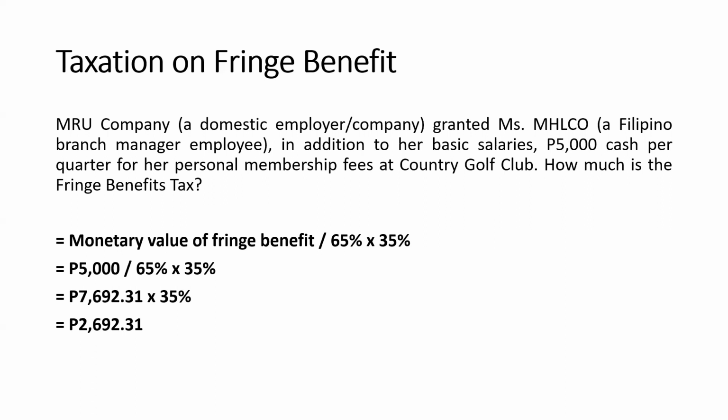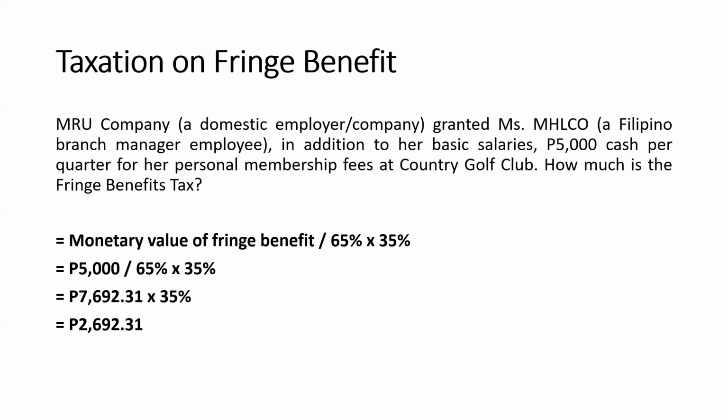And then we multiply by 35%, that would be the fringe benefit tax. So 5,000, what is that? That is the actual monetary value. 7,692, that would be the total fringe benefit expense or the GMV. And then the difference between 7,692 and 5,000, that is your fringe benefit tax.